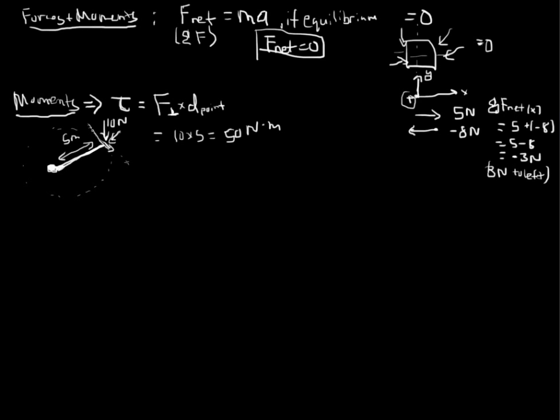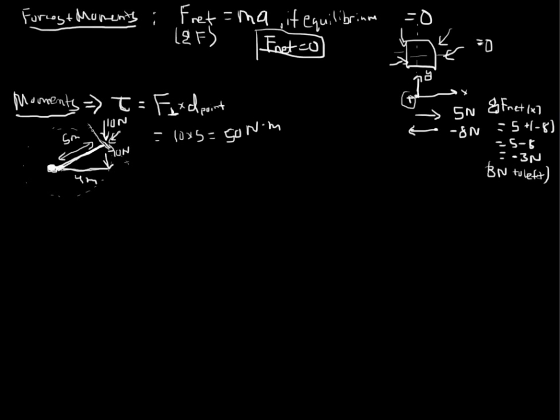The problem is, a lot of times they won't tell you that. They'll just give you this distance. So they'll tell you, okay, this is 4 meters. So you can just take the force from here. When you're pushing from here to here, it's still going to be 10 newtons down.